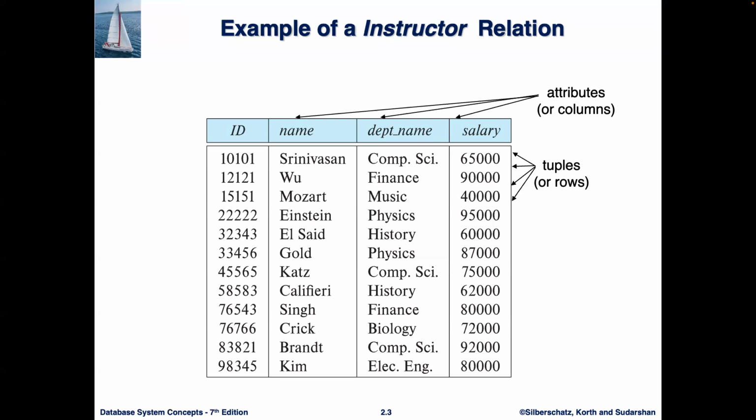So medical science is not in the domain of department name if the table is for University of Minnesota Crookston. But University of Minnesota Twin Cities might have a medical school. So within that university's instructor relation, department name can have medical science. So the domain will increase.